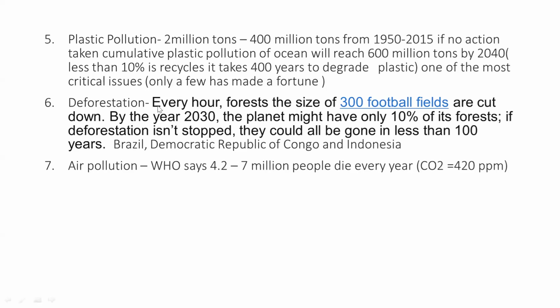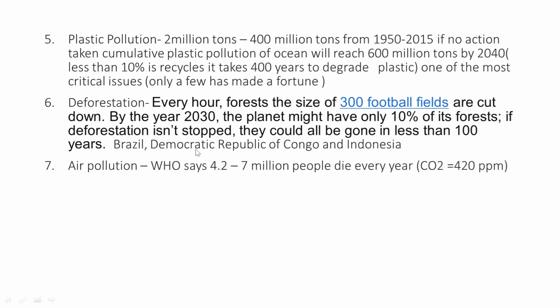So the number 6 critical issue is deforestation. Every hour, forest of the size of 300 football fields is cut down. By the year 2030, the planet might have only 10% of forest. If deforestation isn't stopped, it could all be gone in less than 100 years.